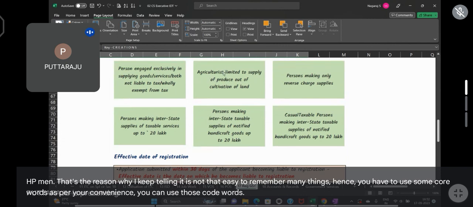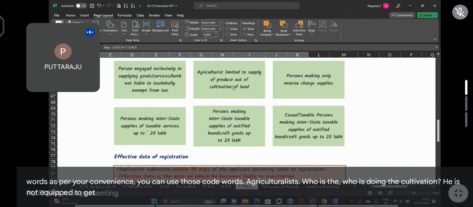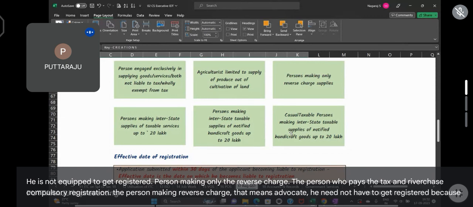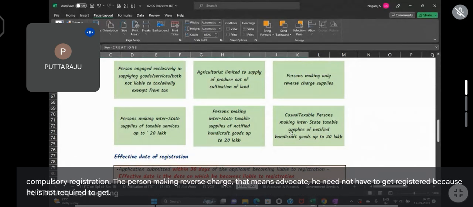Agriculturalists who are doing cultivation are not required to get registered. A person making only reverse charge supplies, where the recipient pays the tax under reverse charge, need not get registered, for example an advocate, because all his services are taxable under the reverse charge mechanism.